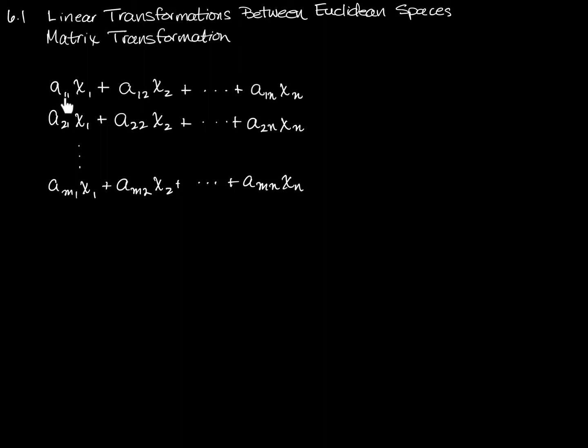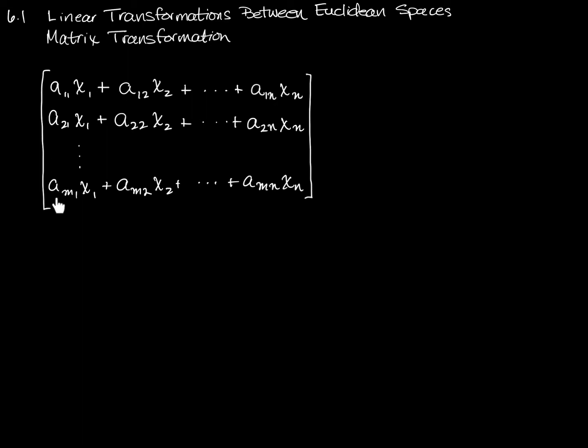So I've got my first row, first column, plus first row, second column terms, all the way up to my first row, nth column terms. And that is a single numerical entry, a single numerical value in a column matrix. It looks longer, it looks like more than that, but a is just a number, x is just a number, so if I add these all up, then I get a single numerical value. So this is a single entry.